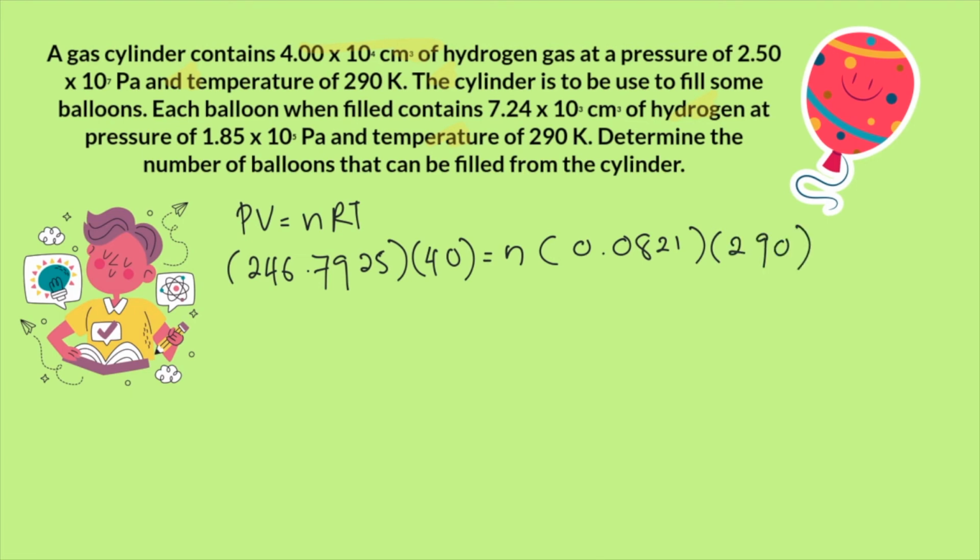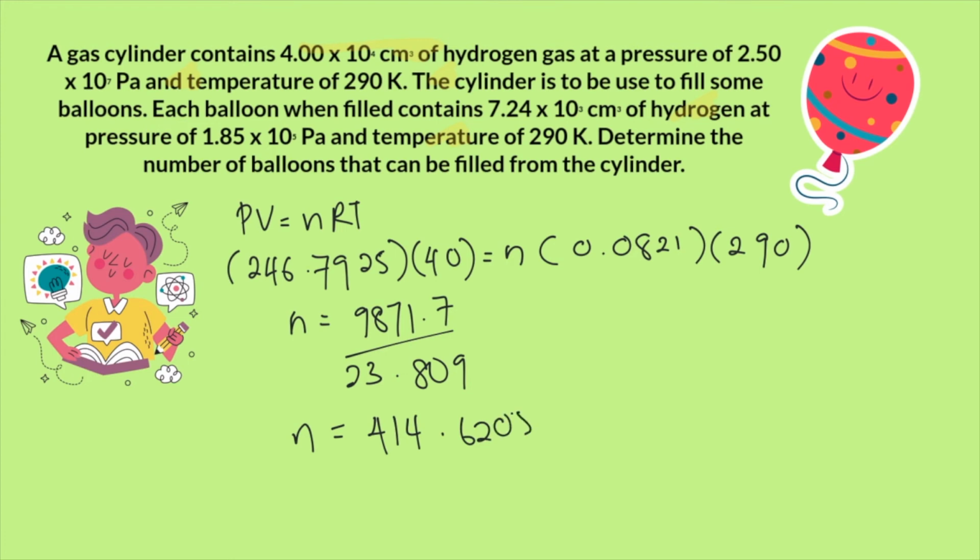So from here we can say that your N is equivalent to 9871.7 divided by 23.809, and you will get N equal to 414.6205 mole of gas. Right, this is the amount of gas inside the hydrogen tank.